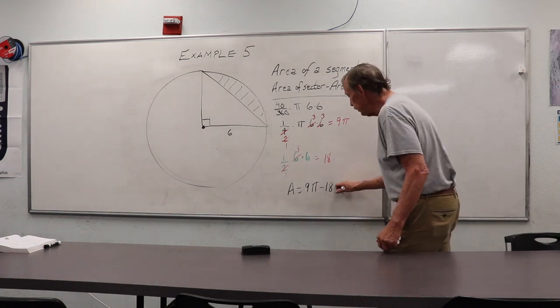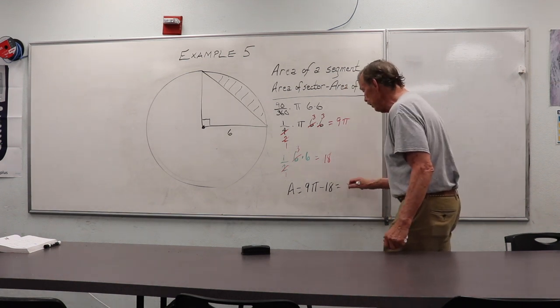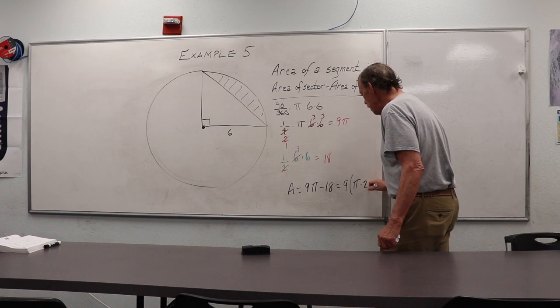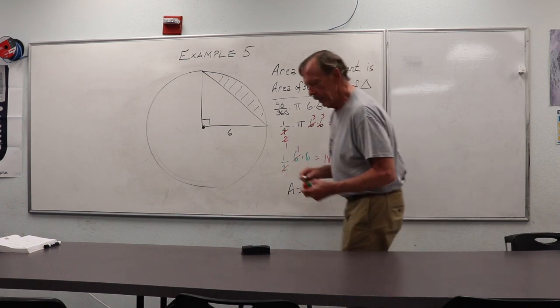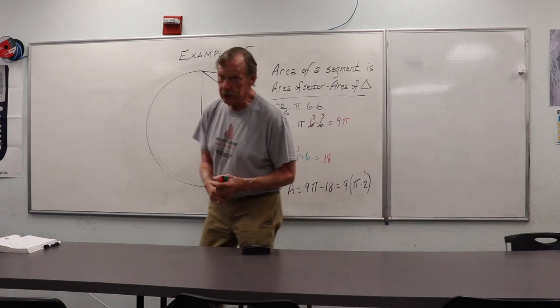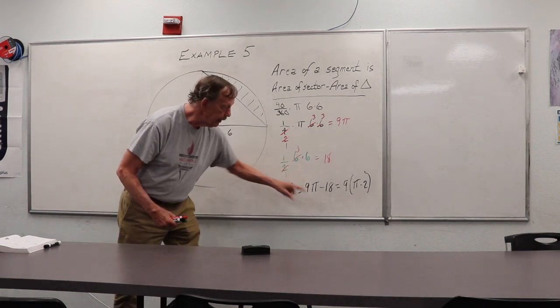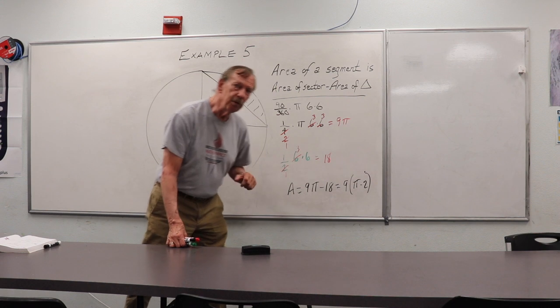By the way, you could simplify this by factoring out the 9, and you'd have 9 times pi minus 2. That works. This is correct. That's simplified. Also correct.